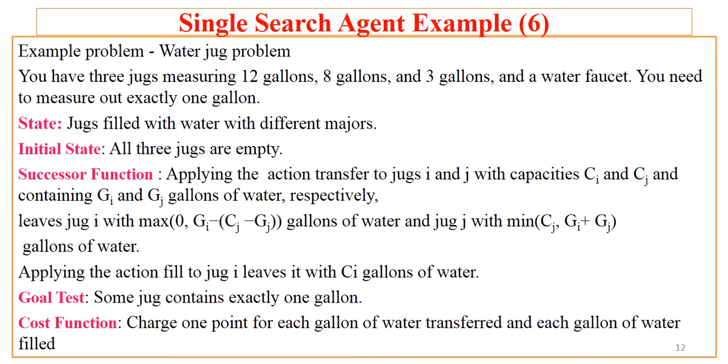So this way any given problem can be formulated using the standard formulation process: states, initial state, successor function, goal test function, and cost function. Now these are not actually the algorithms. This is just the problem formulation. We need to learn so many sophisticated algorithms under this single search agent, and these examples we will study with the algorithms in the subsequent lectures.